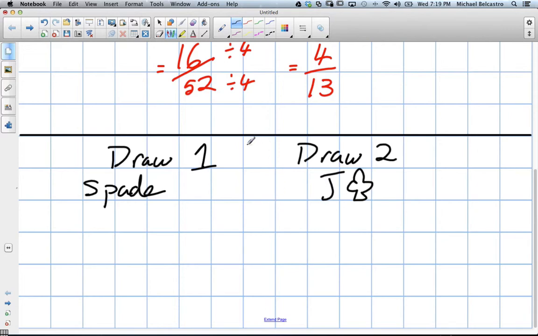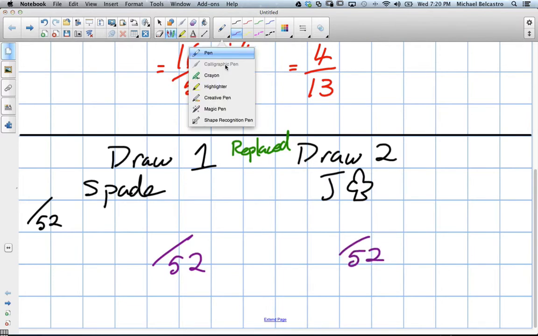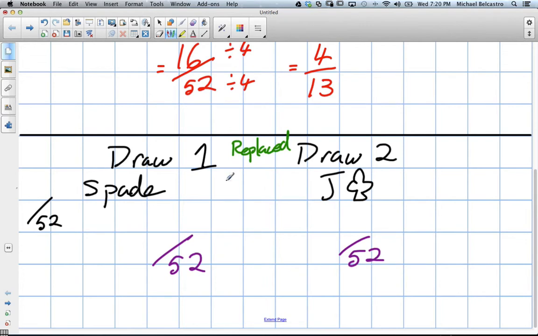Now what they told us is in our first draw, and we know again it's a normal deck, so we're out of 52. But they told us in between the cards are replaced. Okay, and that's actually really important. What that means for us is in both of the draws, we're going to be out of 52. Okay, so it is possible to draw the same card twice because it's replaced.